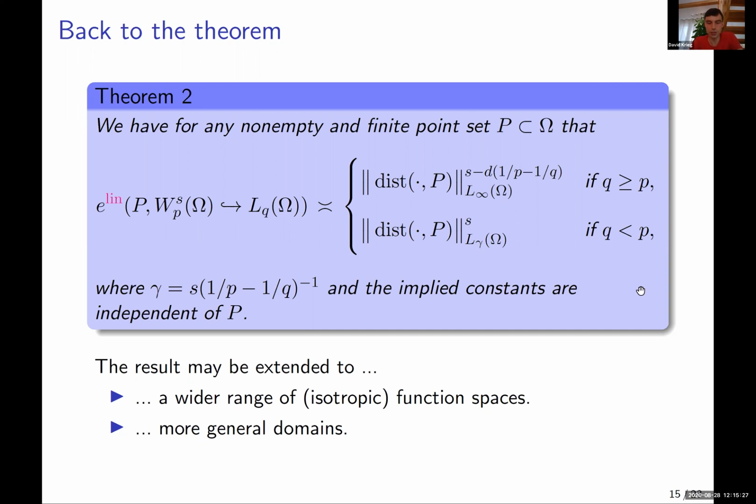And you can even generalize it to the whole range of so-called Triebel-Lizorkin spaces, and you exactly get the same result. Just for the experts: for Triebel-Lizorkin spaces, the result does not depend on the prime index of the space.